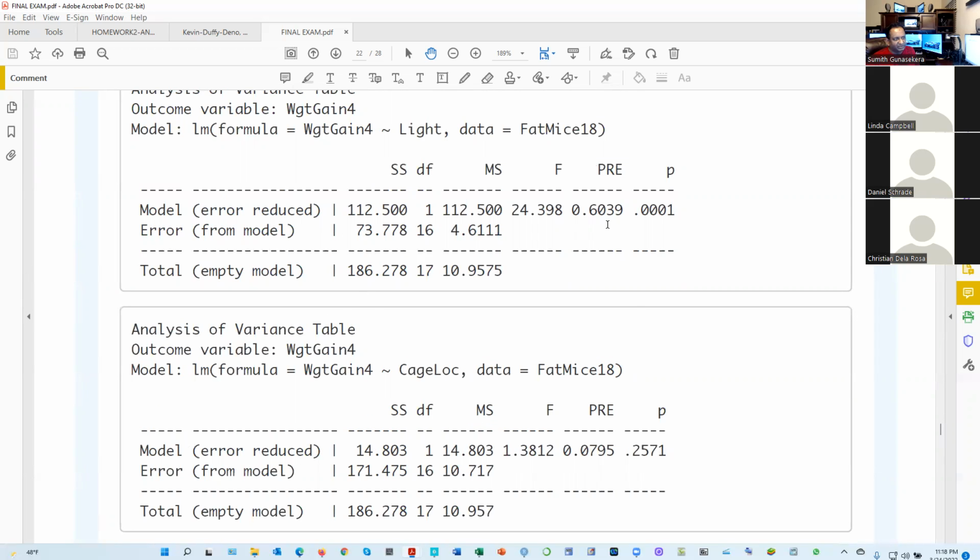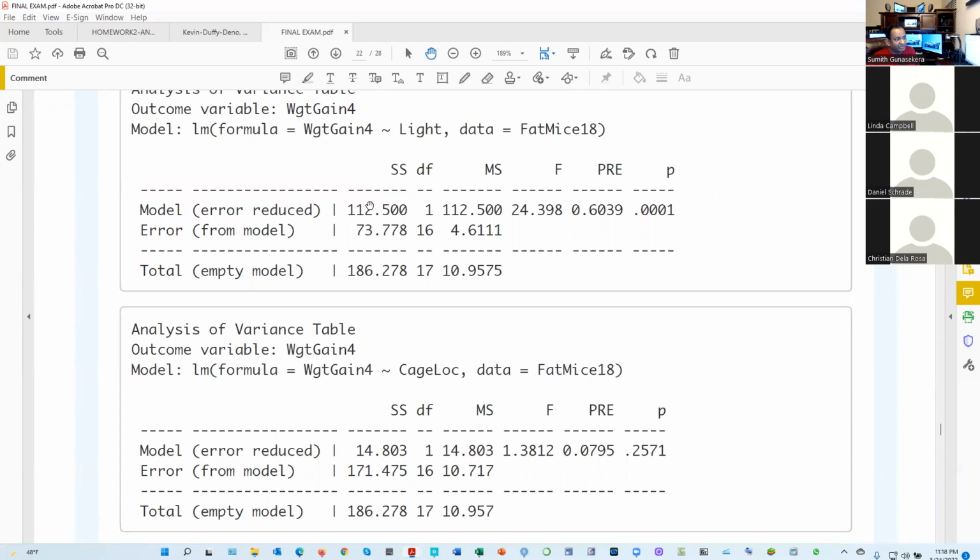Look at here simply. Let's go to the PRE. See, weight gain, simply go to 60%. Here, 0.7, 60%, 7%. Look at this number: higher F, lower F; higher PRE, lower PRE; higher SSR, lower SSR. If you compare these two, lower SSE, higher SSR.